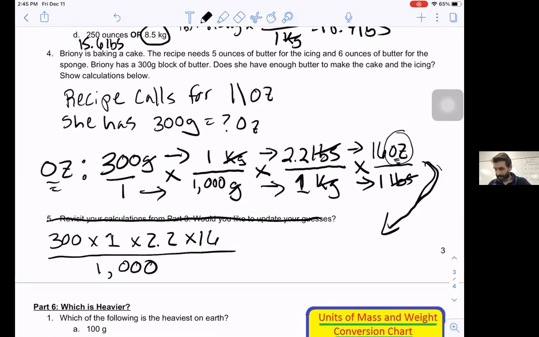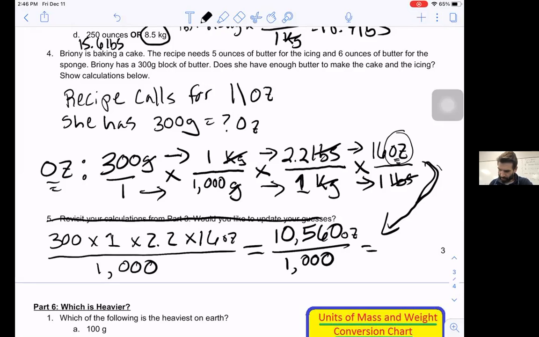So let's see what I got here. 300 times 1 times 2.2 times 16 gets me 10,560 ounces, divided by 1,000.